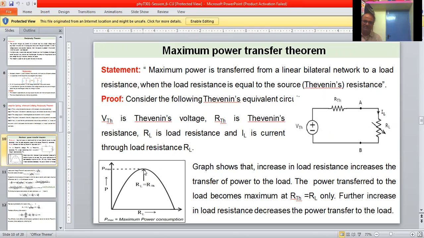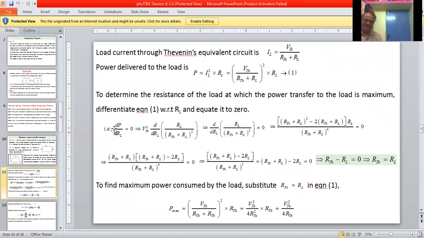At this point the slope becomes 0. So that point corresponds to the point where the power delivered to the load is maximum. That means the slope is 0. The slope of this curve is 0 at this point. So we are setting this slope equal to 0.